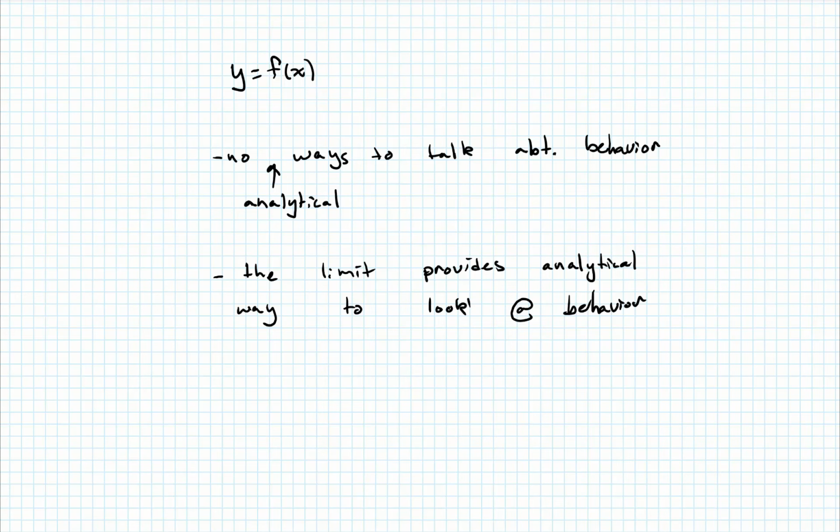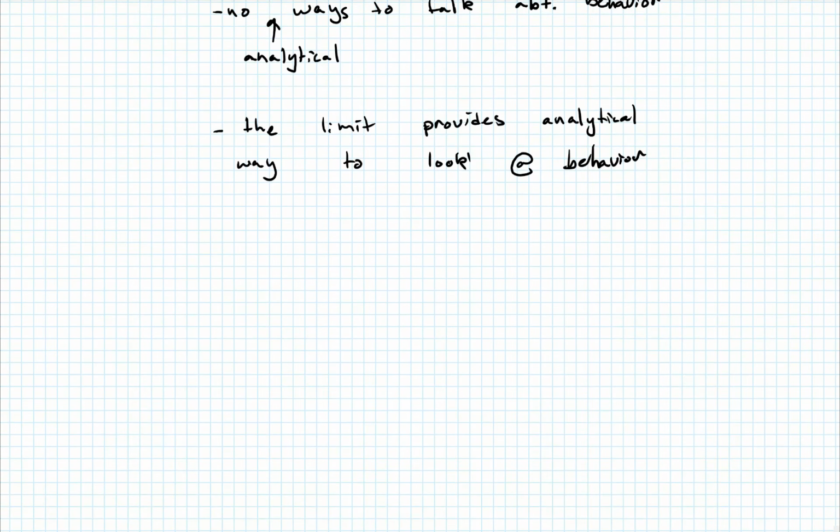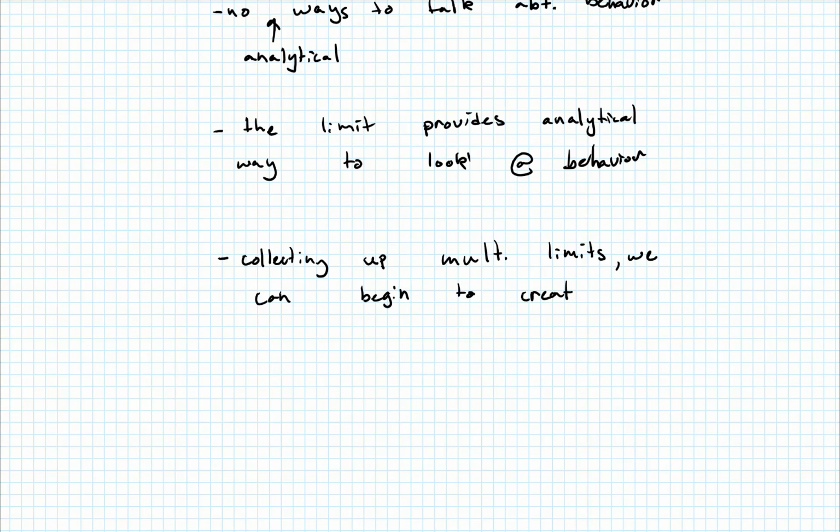And if we can do that at multiple points along the function, we can kind of use that to generate other functions. So by collecting up multiple limits, we can begin to create limit-based functions.